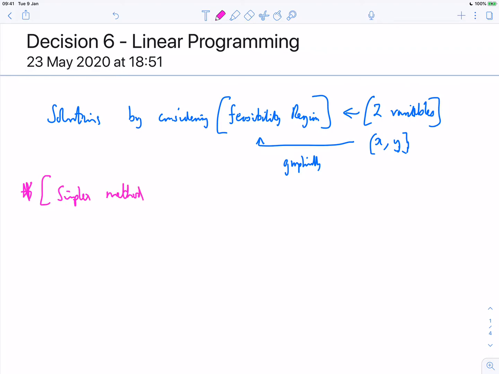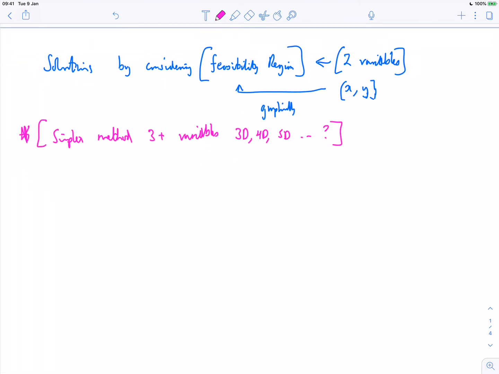The simplex method deals with problems where there are three or more variables, and the reason we use that method is because drawing 3D, 4D and 5D sketches just isn't particularly useful. So essentially we're going to be solving problems using 2D sketches.